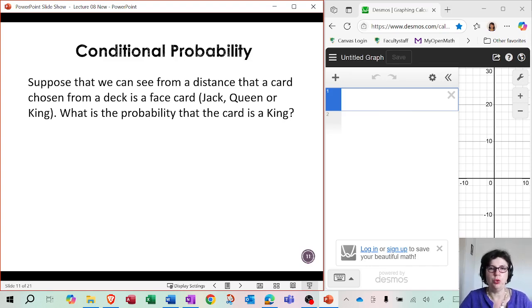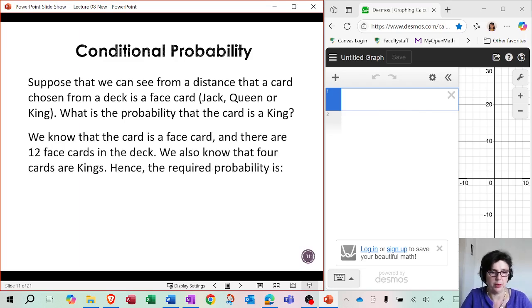First of all, you need to look at your total. How many total cards are you choosing from? You're now not choosing from 52 cards, because you know it's a face card, and there are 12 of them. So that's your new total. And then the favorable is how many kings are there? Well, that's 4. So the answer should be 4 divided by 12.